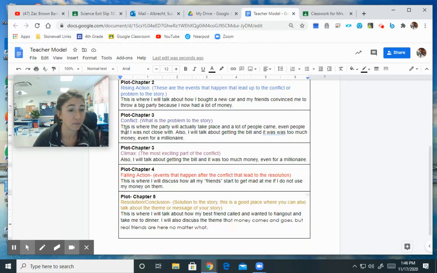Your conflict and your climax go together. So it's going to be your problem of your story. Climax is just your most exciting part of the problem. Your falling action are your events after the conflict that lead to the resolution. And then your resolution is how you wrap it all up, your solution to your story. And then also that wraps in your theme of your narrative.